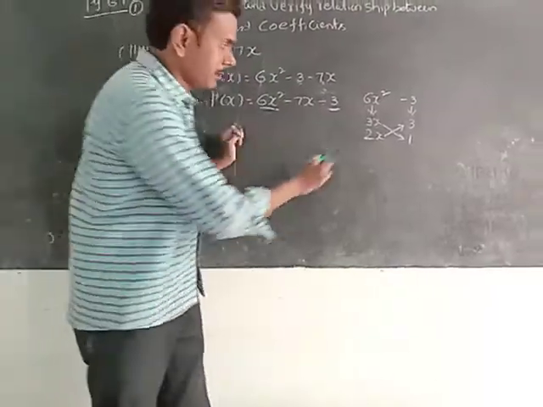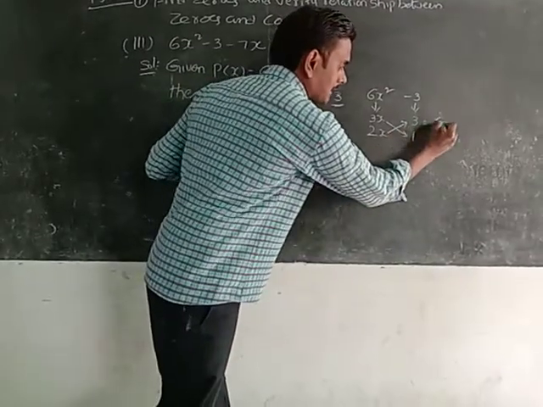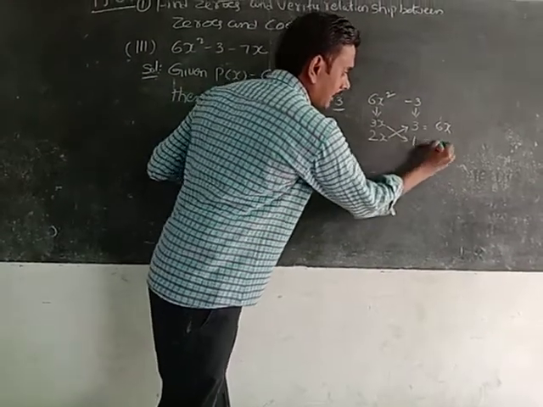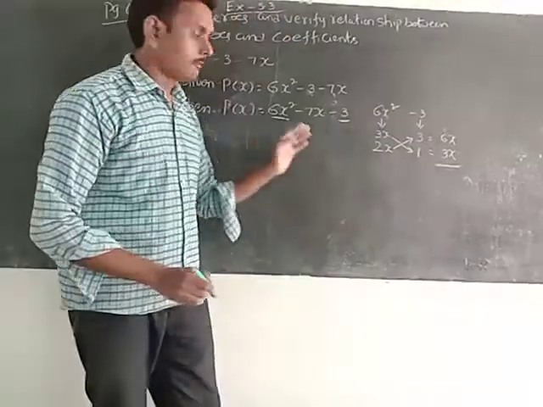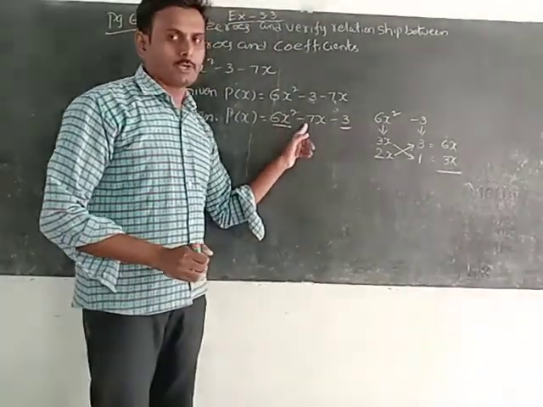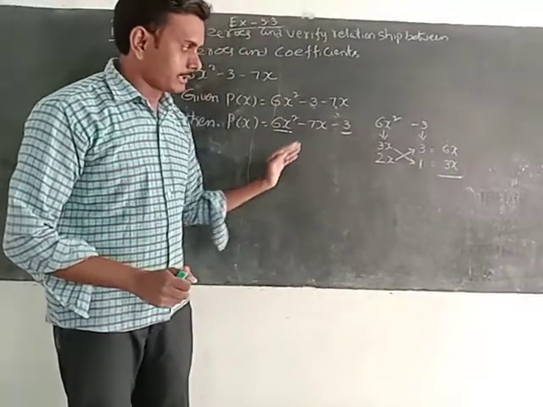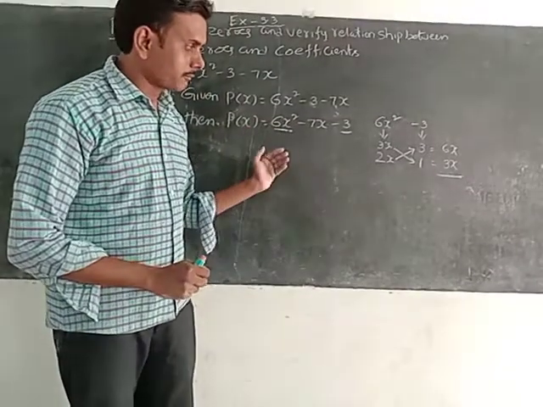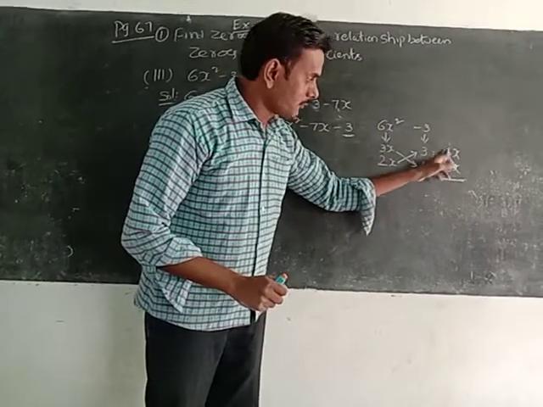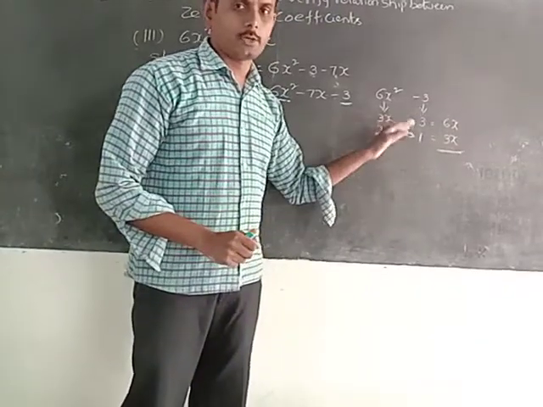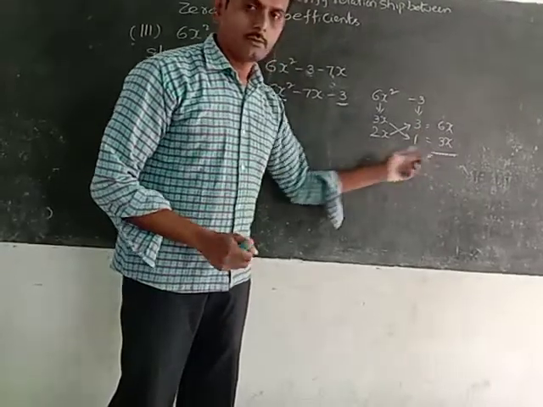Minus 7x means 3 times 2 is 6x, 3 times 1 is 3x. By adding these we get 9x, but we require only 7x. If we want 7x by taking any one of these two as minus, is it possible? First observe, 6 minus 3, possible?